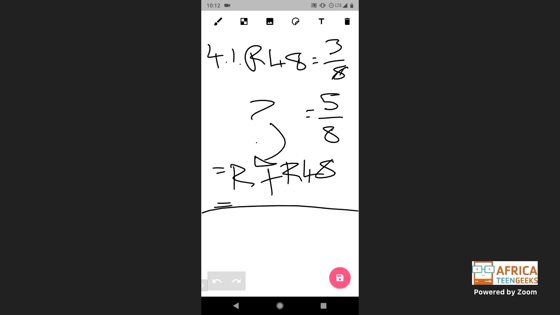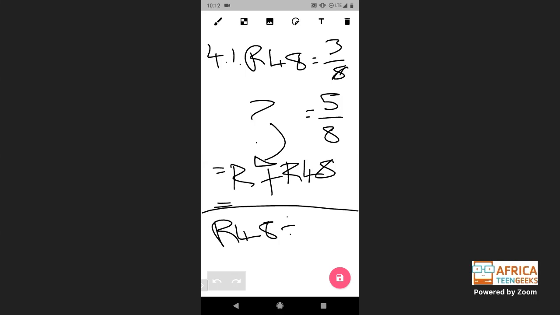What I usually do is find out how much is 1/8. In that way, it will be easier for us to get 2/8, 5/8, 6/8. So finding how much is 1/8, guys, how much do you think it is? Let me ask there in the comments. You will say 48 rand, and you will divide by what to find out how much is 1/8?